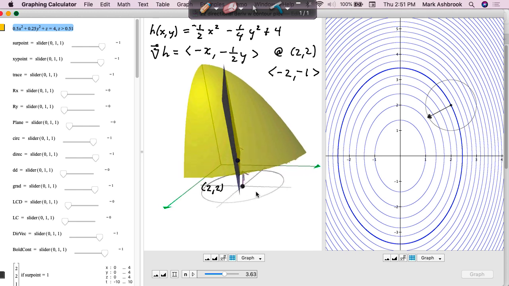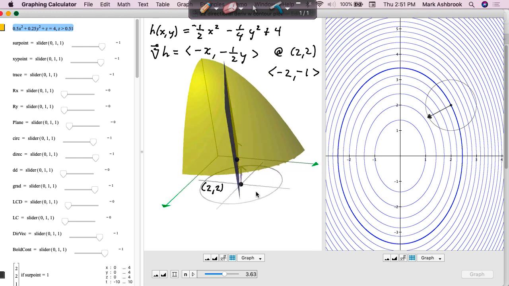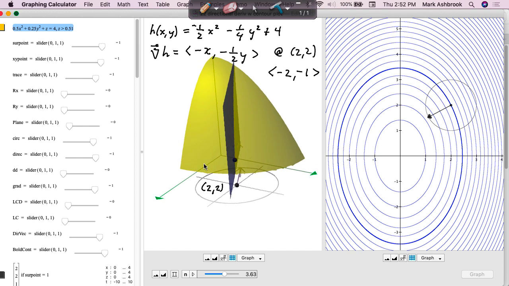This is our x coming out of the screen at us, y is to the right. So here's the third quadrant, positive x, positive y. Do you see it now? These two graphs are showing the exact same surface and the exact same vector, which is the gradient vector right now, negative 2, 1, negative 1.